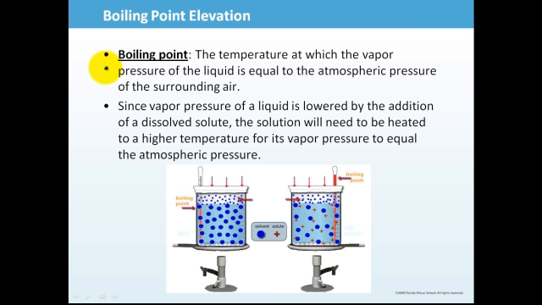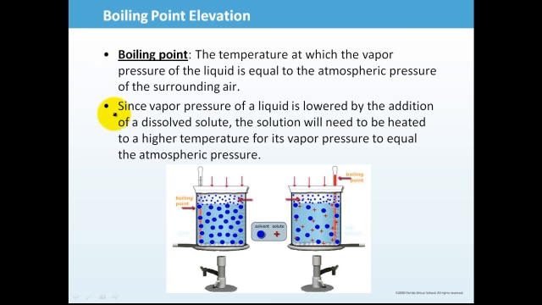So again, the vapor pressure equals the atmospheric pressure. That's where we hit the boiling point. Prior to this, we defined boiling point as the temperature at which it changes from liquid to gas. The reason it changes from liquid to gas is because those pressures are now equal to each other.